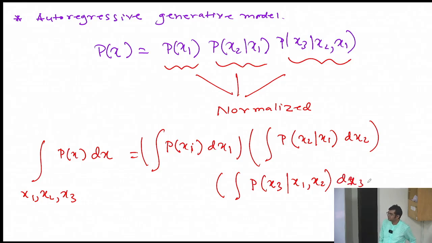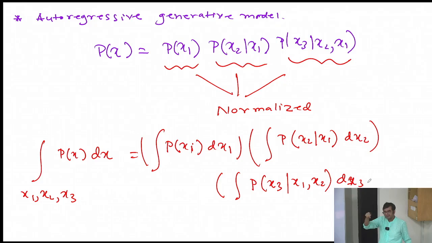Remember that when you integrate p(x2 given x1), you integrate with respect to x2, that's the variable. What is in the conditional is known, given. Now each of these is normalized, so each integration will give you 1, 1, 1.